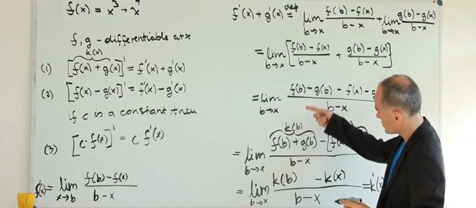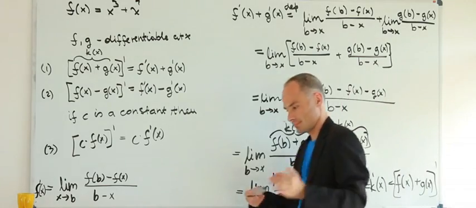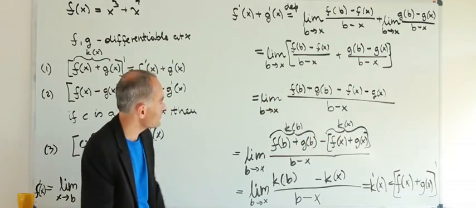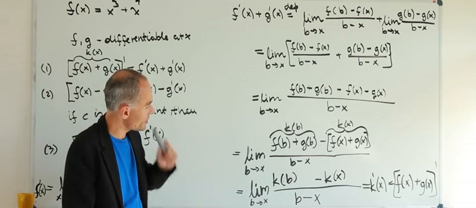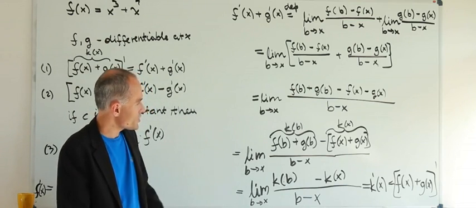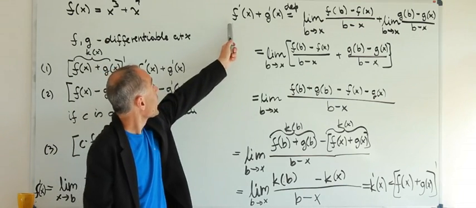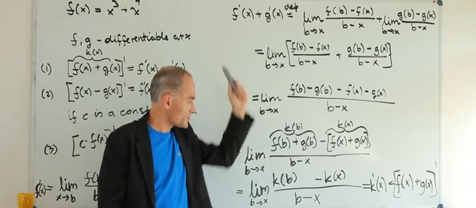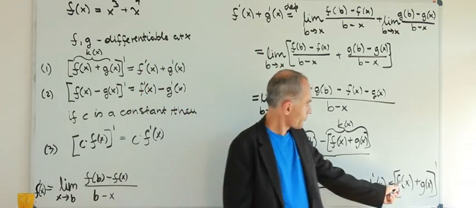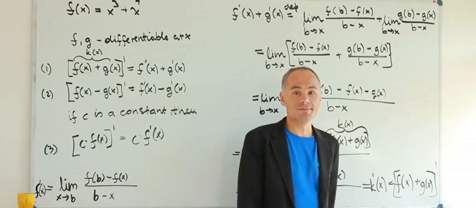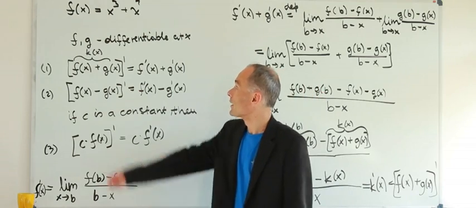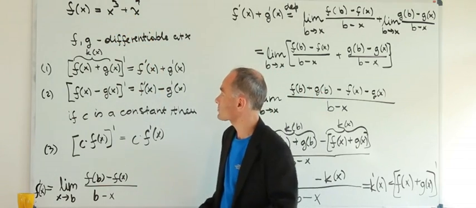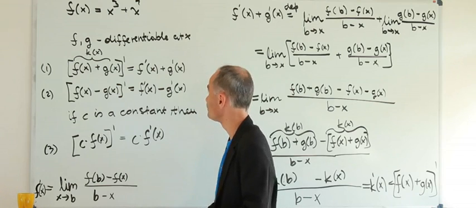But notice that these two things are the same. So by going from one side and the other side, eventually we were able to write down a sequence of limit transitions. And what did we show? That the sum of the derivatives of two functions f and g is equal to the derivative of the sum. So that's why we can now differentiate x to the third plus x to the seventh by simply differentiating term by term.